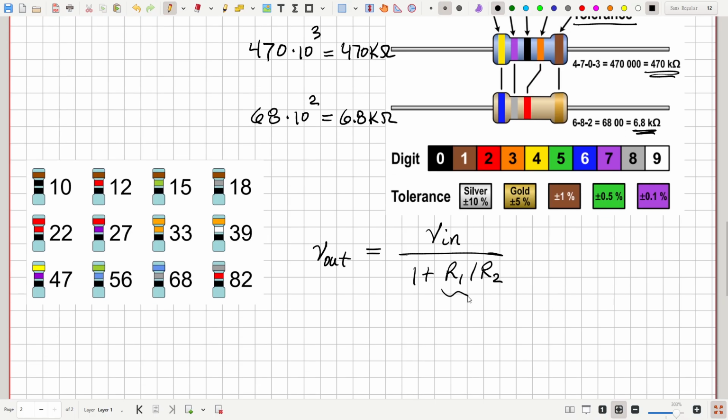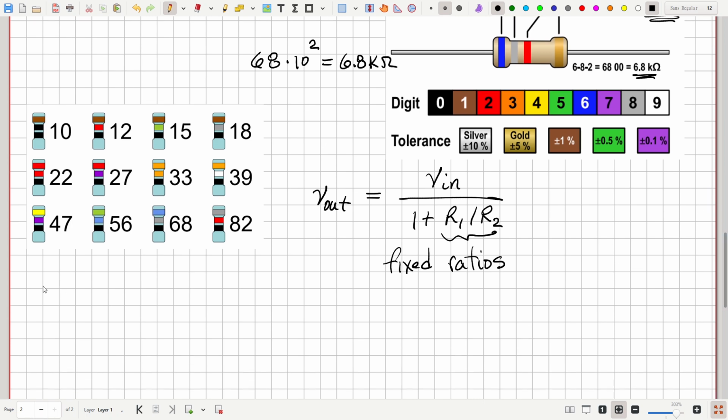And so it makes sense to have more or less fixed ratios between our different values of resistances. And the way we do that is the so-called E-series.